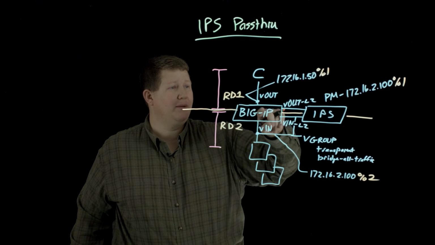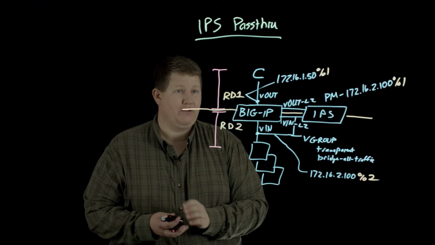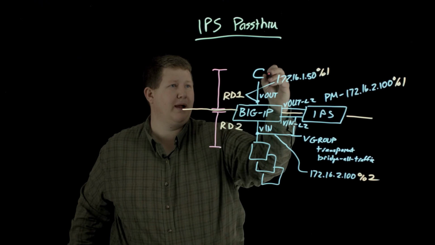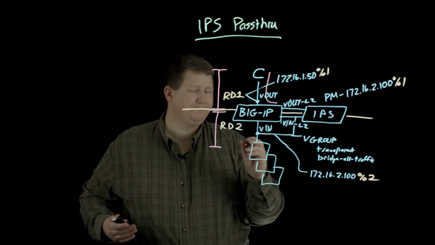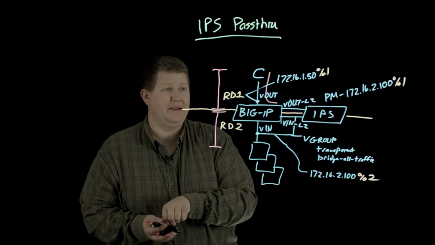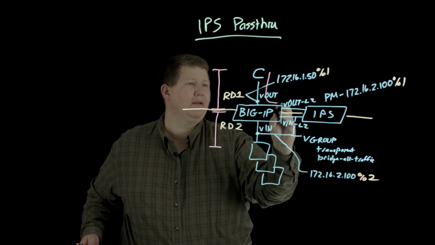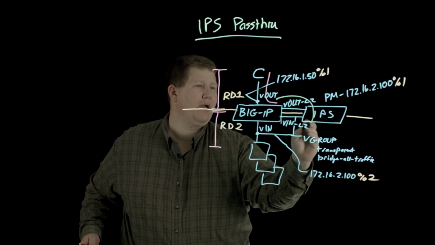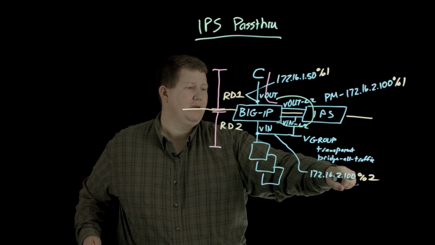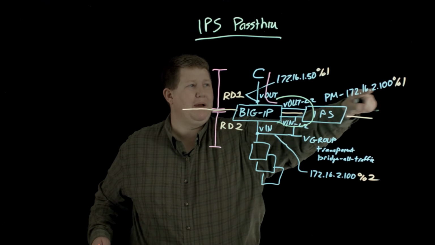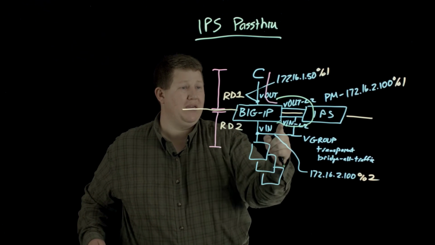Basically, what ends up happening is the traffic comes in here, client to BIG-IP, and in the BIG-IP we have a client SSL profile that decrypts that traffic. We send it through the IPS and back in here, and this inside VIP is the one that ARPs for that pool member's traffic.